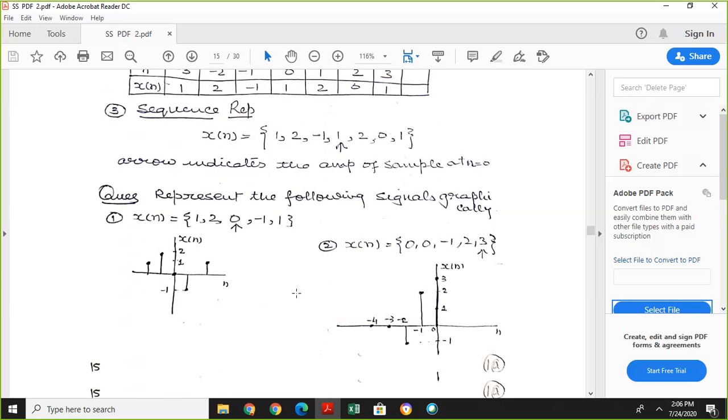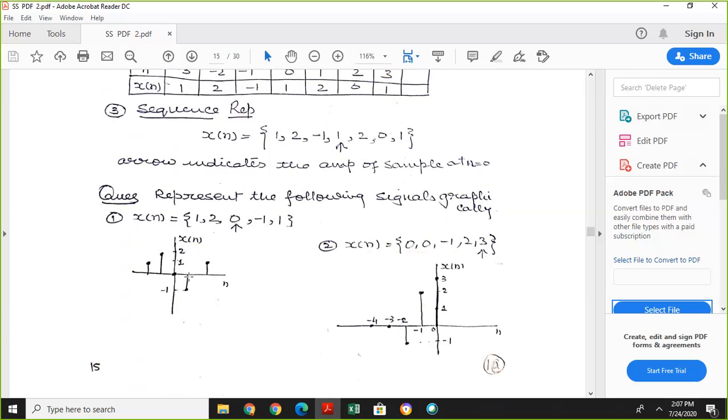Next question: represent the following signal graphically if x of n is given by this. How is x of n given? 1, 2, 0, -1 and 1. The 0 indicates that here the value of n is 0, this is 1 and 2, the value of n is -1 and the value of n is -2. When n is 0, the amplitude is 0.